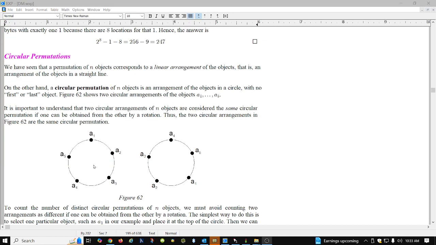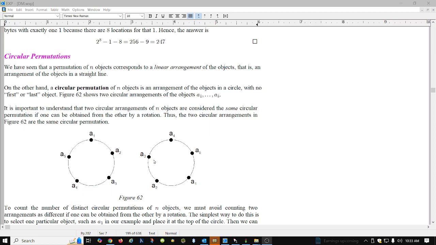Here is a picture. There are 2 circular permutations of the numbers A1 through A5. So I have A1, A2, A3, A4, A5. Here I have A4, A5, A1, A2, A3. Okay.